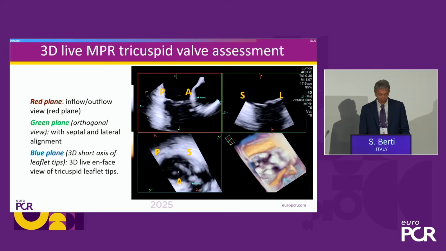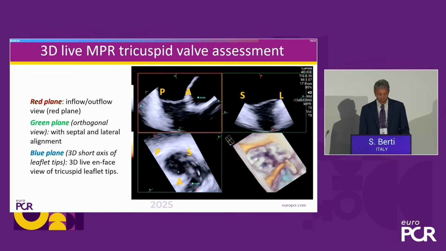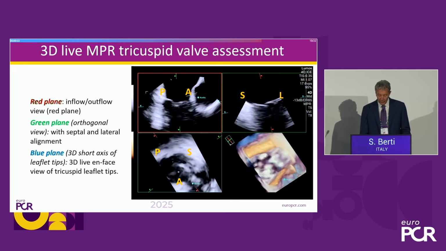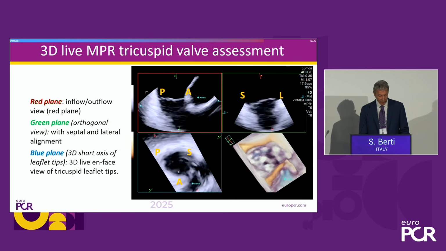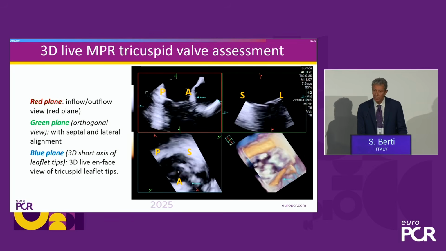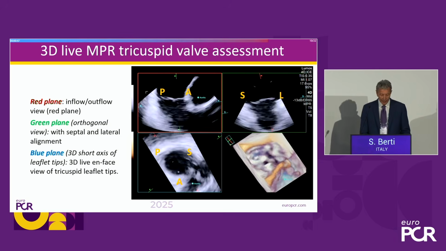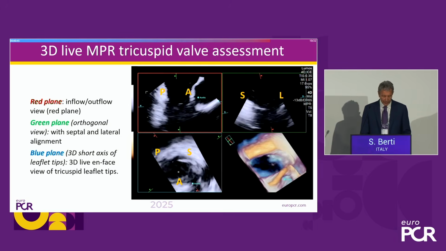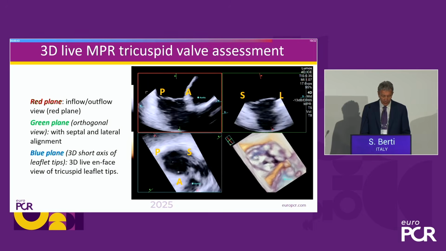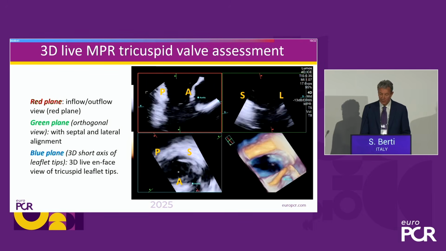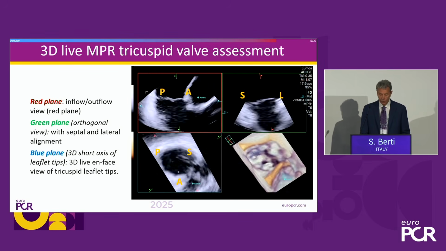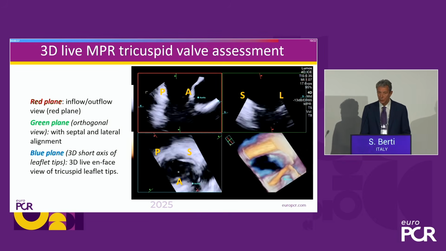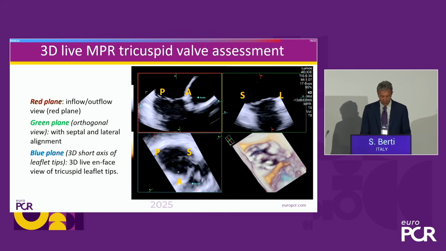So in the red plane, we see an inflow-outflow view of the tricuspid valve in the right ventricle. In the green plane, exactly an orthogonal view with the septal and lateral alignment. And in the blue plane, we have a 3D short axis where we see the 3 leaflets. In one shot, we have all the information to understand the anatomy of the tricuspid valve.